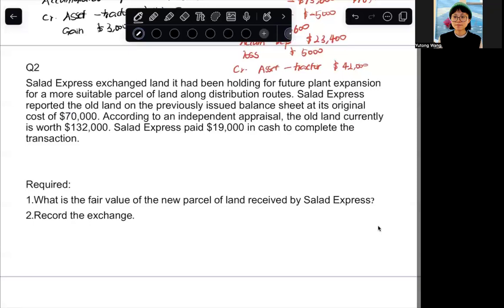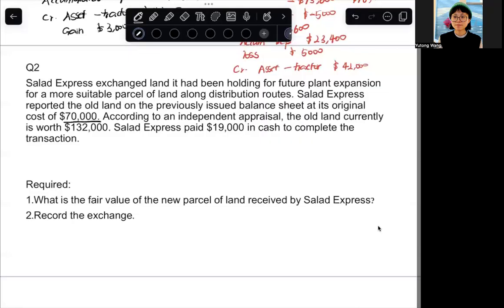Salad Express reports the old land on the previously issued balance sheet at its original cost, 70,000. According to an independent appraisal, the old land currently is worth that much. So we have the book value at the beginning and the fair value at the end.